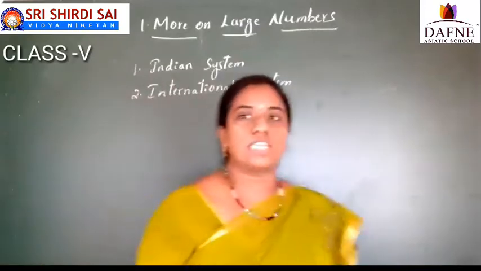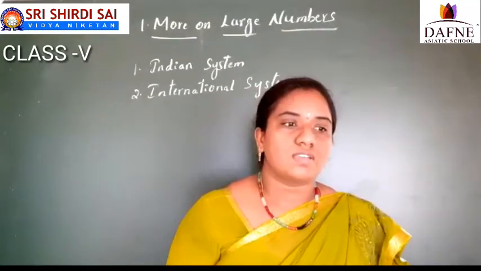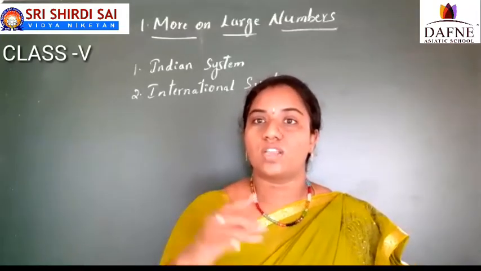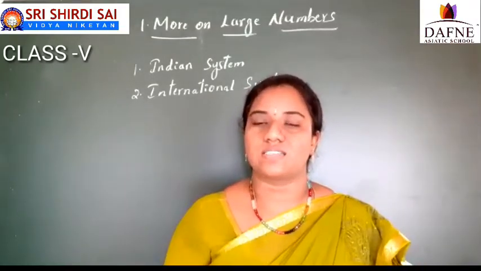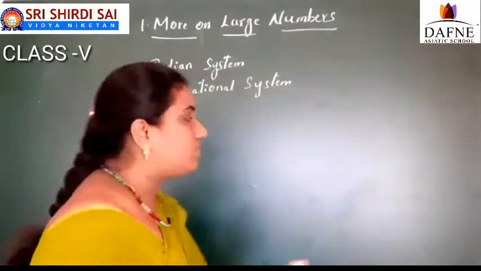In the Indian system we use rupees and everything, and in the international system we can see dollars. So what is the difference between the Indian system and the international system? First, the Indian system.